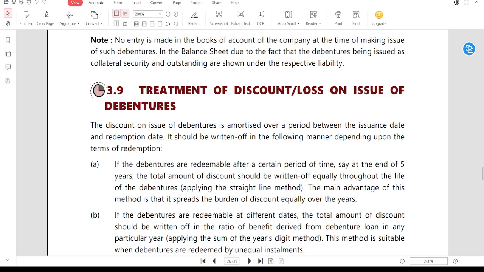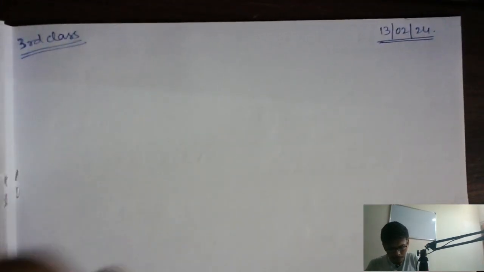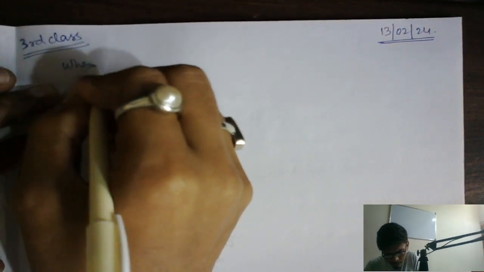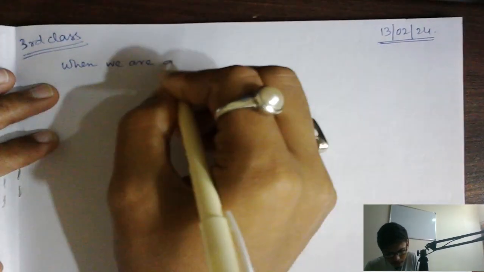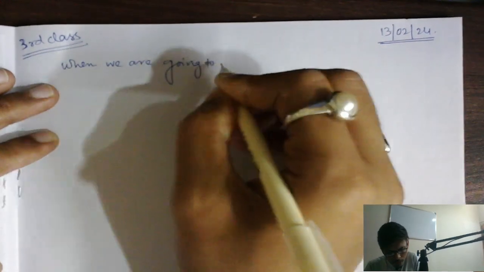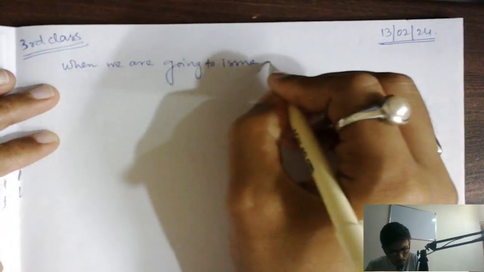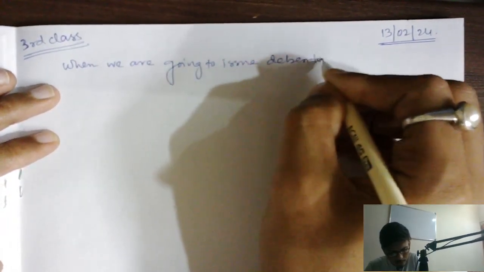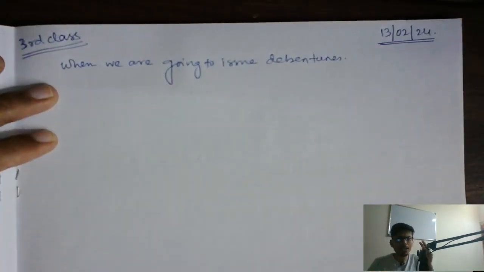Whenever you issue a debenture, at that point of time you have to disclose the redemption conditions and terms in the debenture prospectus. So remember always, when we are going to issue debentures, we can issue in three ways.